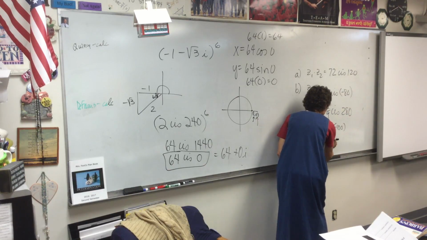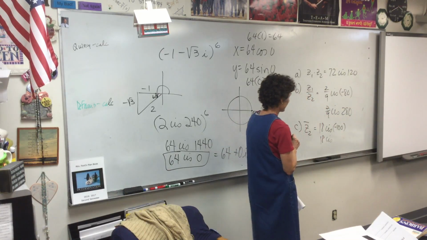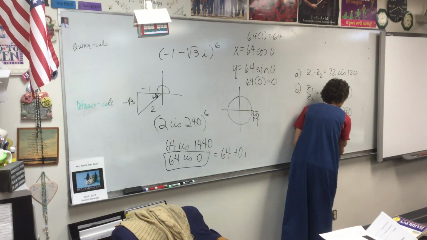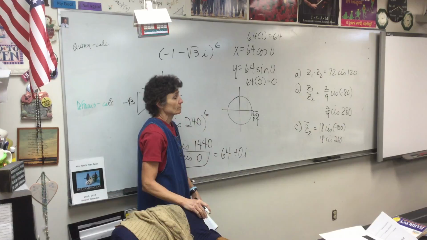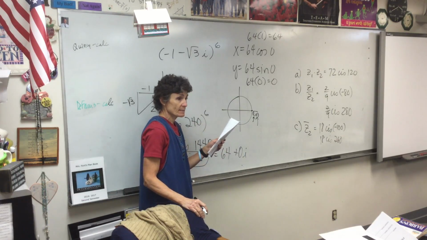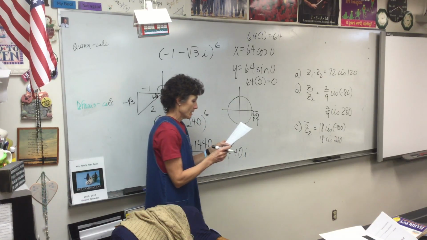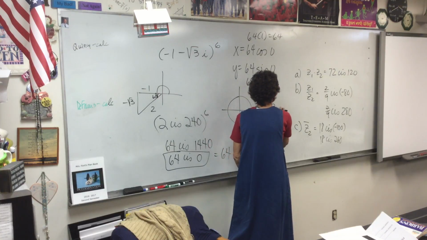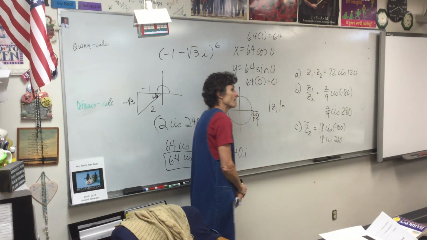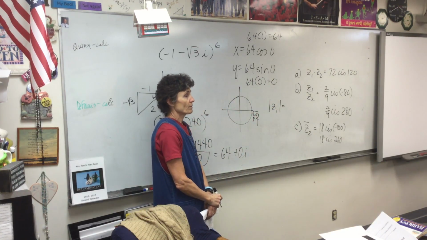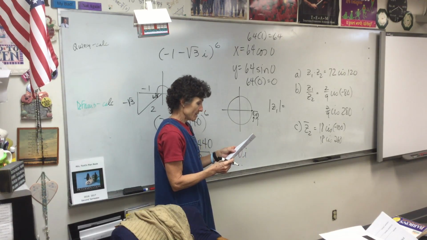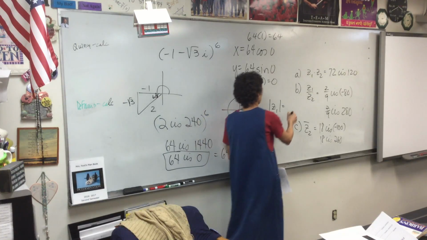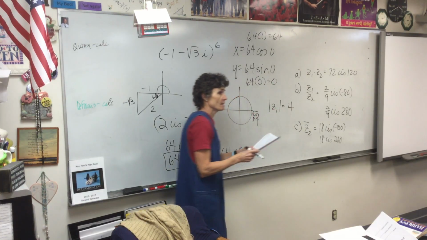So our final answer would be 18 cis 260. Everybody still with me? And the last one, make sure you're looking at the right number. It means the magnitude or the length of z sub 1, and that's just its r value, so that is 4.